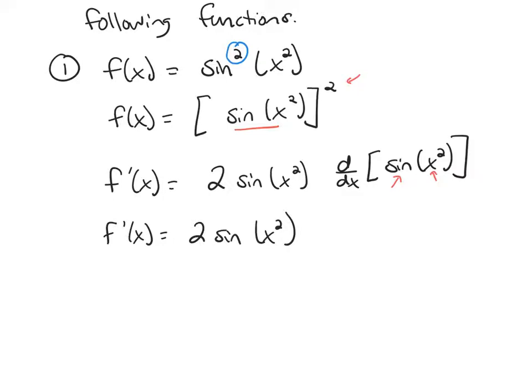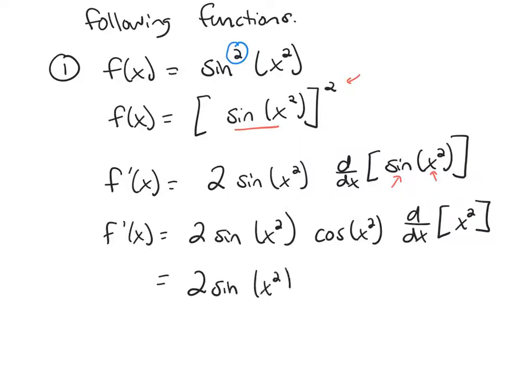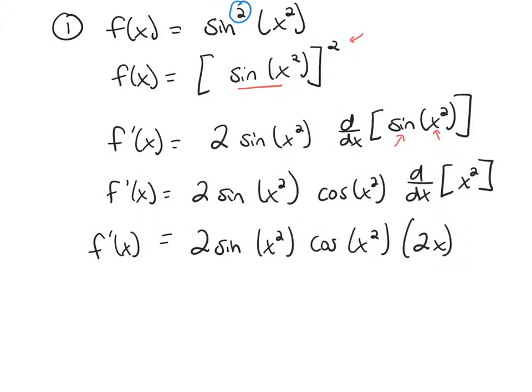So you take the derivative of sine, it's cosine, and then you need to multiply by the derivative of the inside, which is x squared, and we just do the power rule to get that derivative, and it would be 2x. So this would be the derivative of that function.